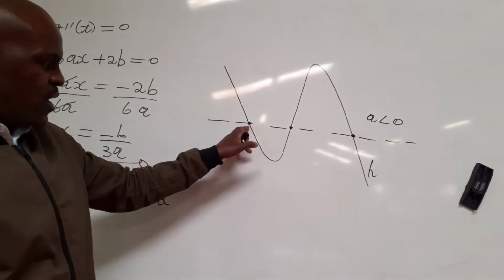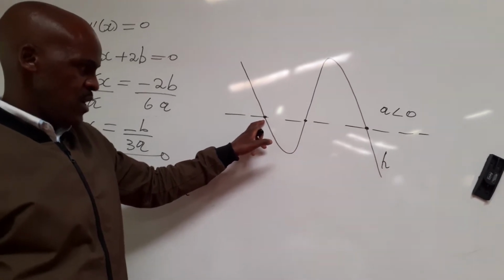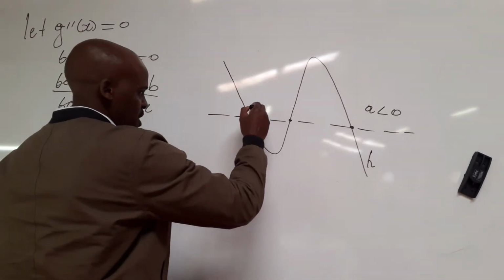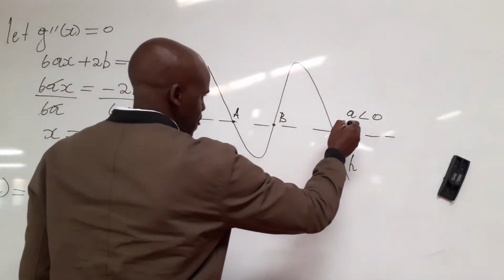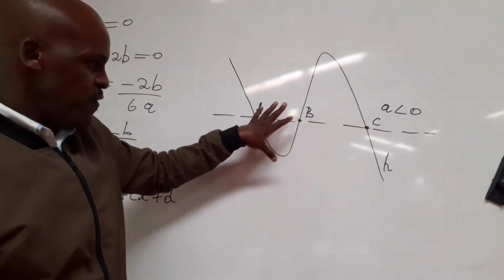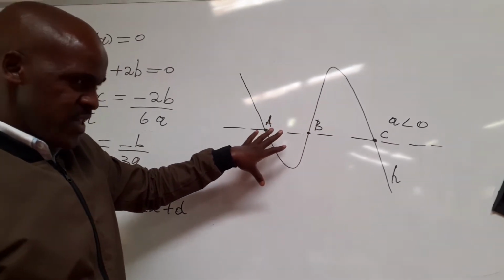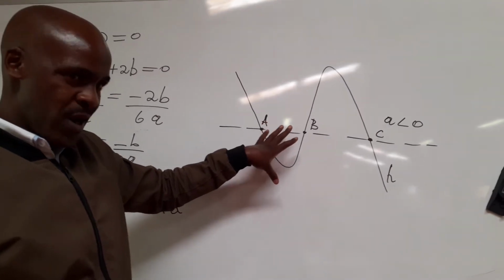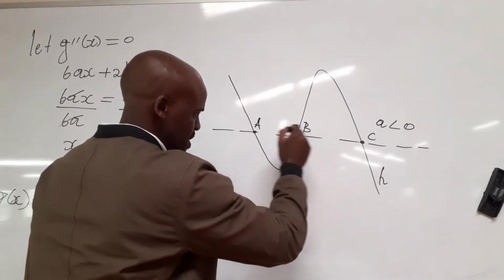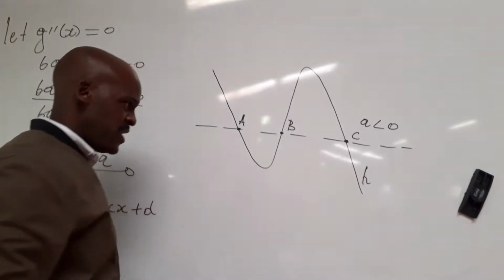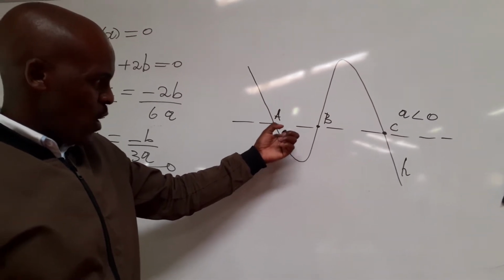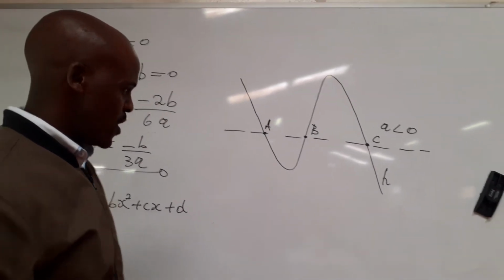Let's say this is point A, point B, point C. The values of x at each of those points are not the same. They are unequal. Since the horizontal line cuts this graph 3 times, this graph will have 3 unequal roots.